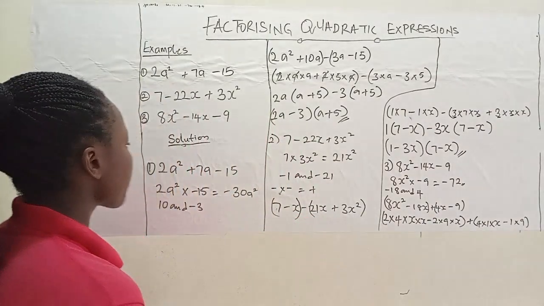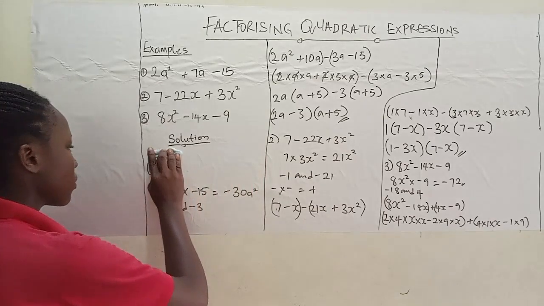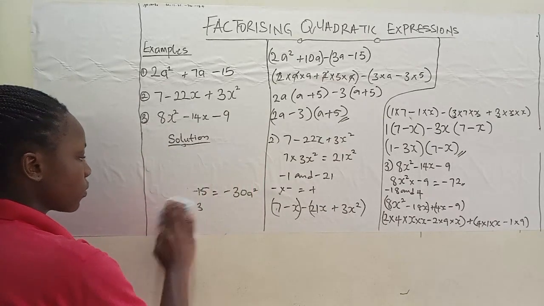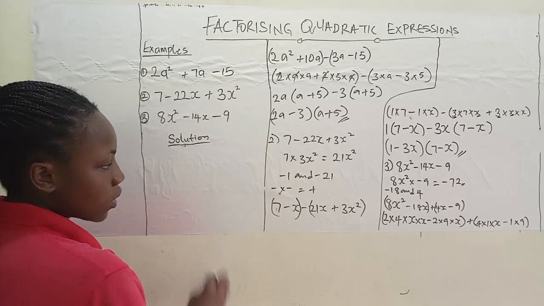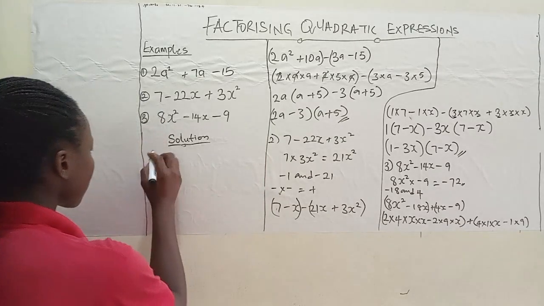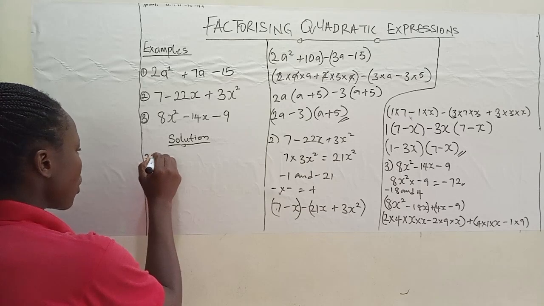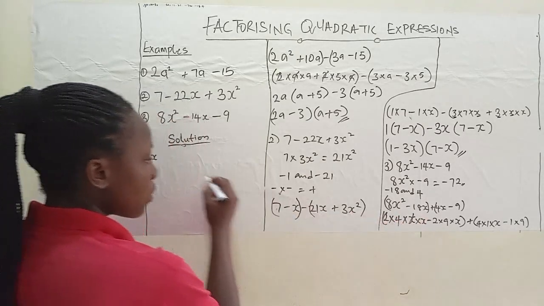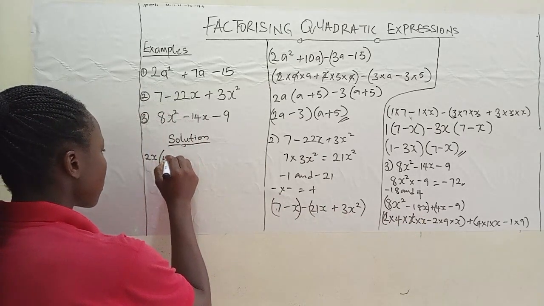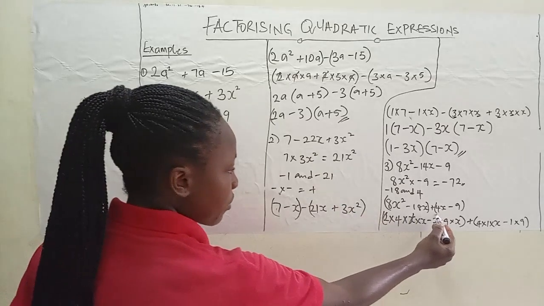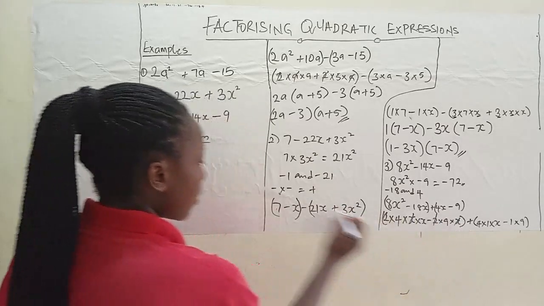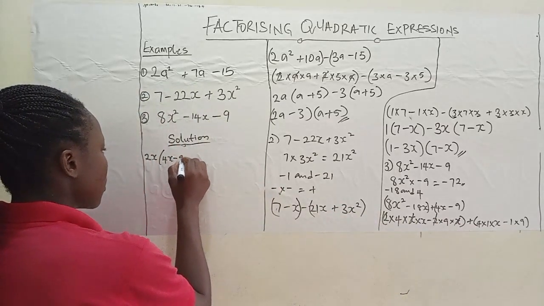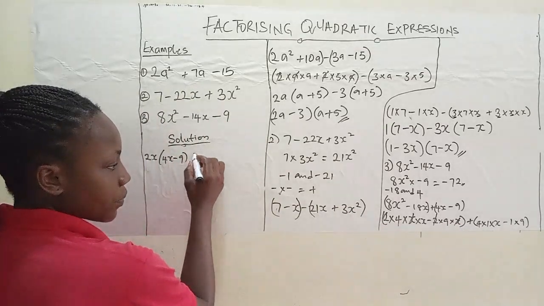So let's continue. We are going to have 2x. So here is remaining 4x. And here is remaining minus 9.